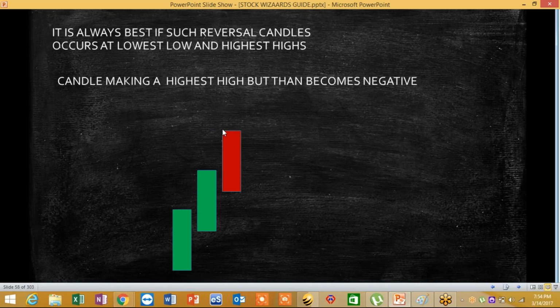After this candle it opened here. Suddenly we saw a decline in the price. So it was the highest high of these three, and it is a red candle. So this is a particular area of shorting entry for you. Is this clear?